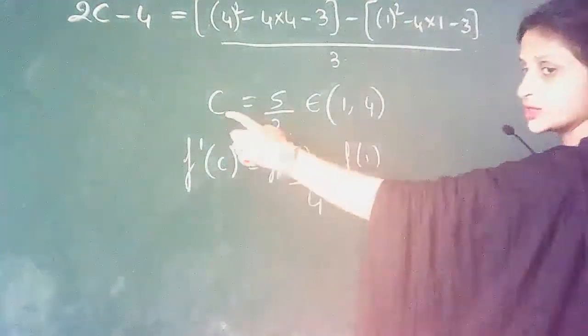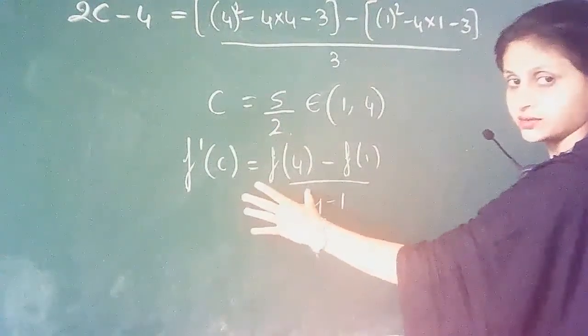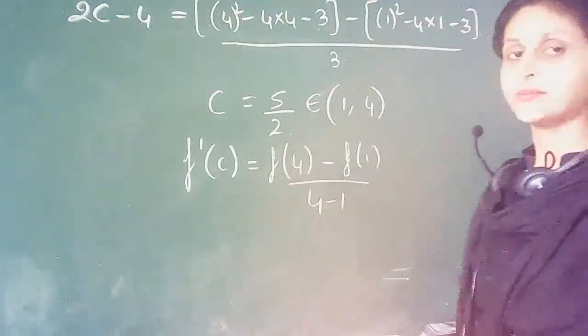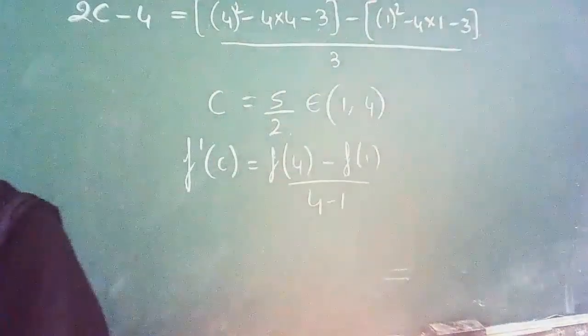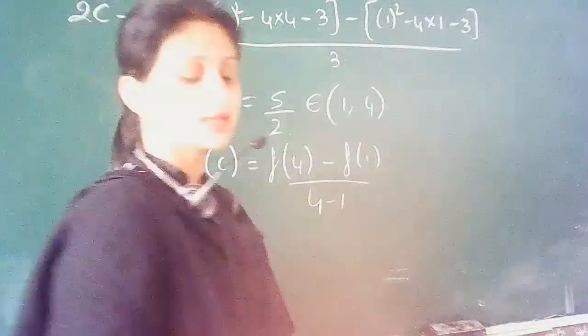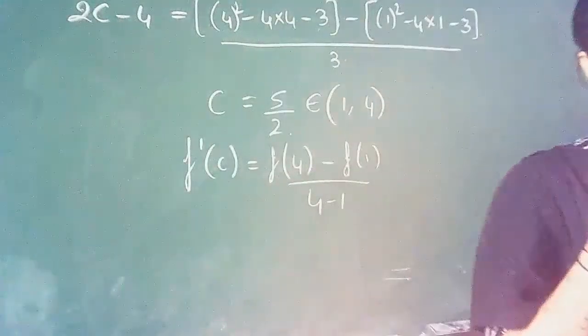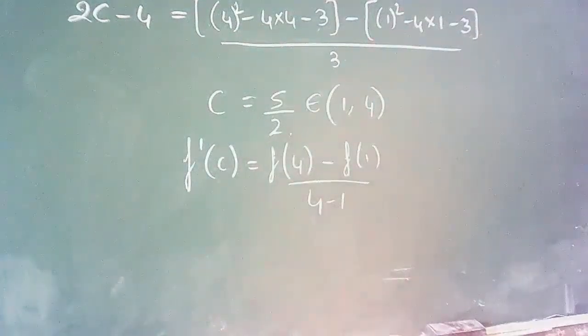So for this value of c, this equation is satisfied. Thus, for the function x square minus 4x minus 3, mean value theorem is satisfied. Did everyone understand, students?